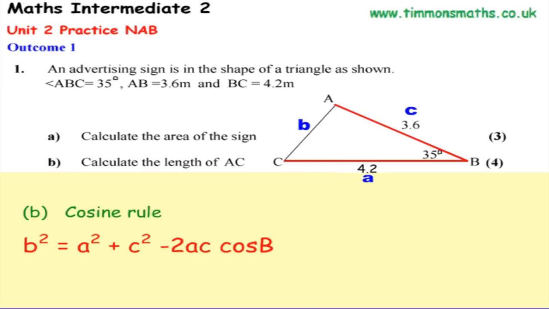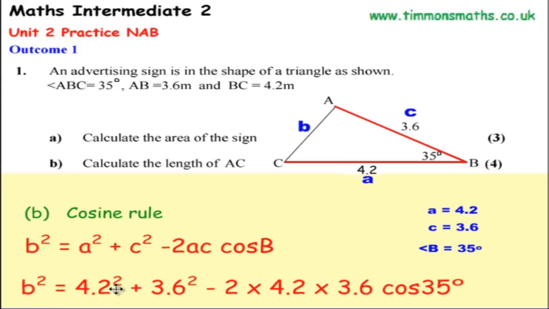In this case, we're trying to find small b, so b squared is equal to a squared plus c squared minus 2ac cos B. Using the same values as we used before, small a is 4.2, small c is 3.6, and the angle at B is 35 degrees. Fit these values into the formula. b squared is equal to 4.2 squared plus 3.6 squared minus 2 times 4.2 times 3.6 cos 35.